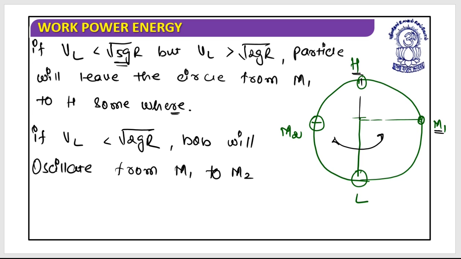Will you be capable to do all these questions? Are you clear? While I say it will oscillate from M1 to M2, then we can say that it will oscillate about position L. So L will work as a mean position. What mean position, that we will understand while talking about the SHMs. But you just remember that if it is less than root 2gr, it is going to oscillate somewhere here. I hope this is clear.